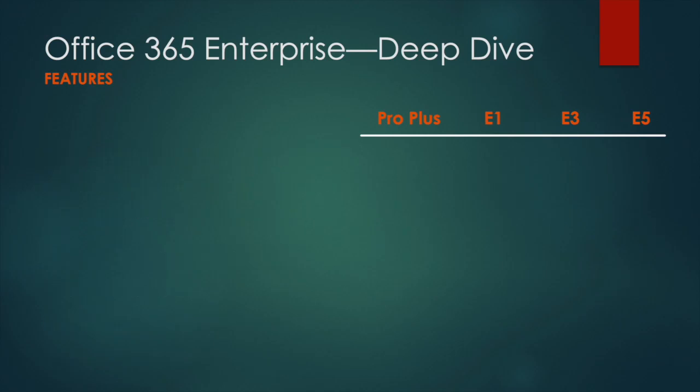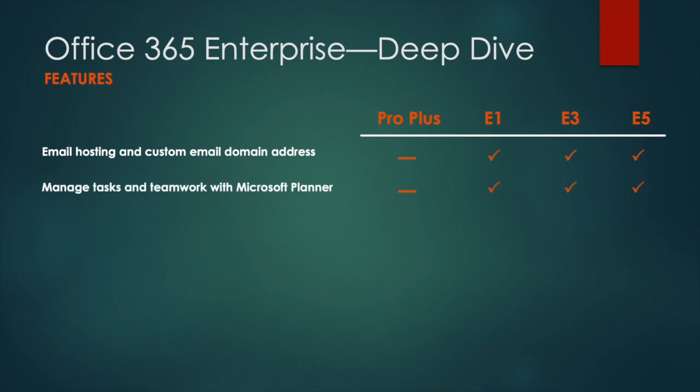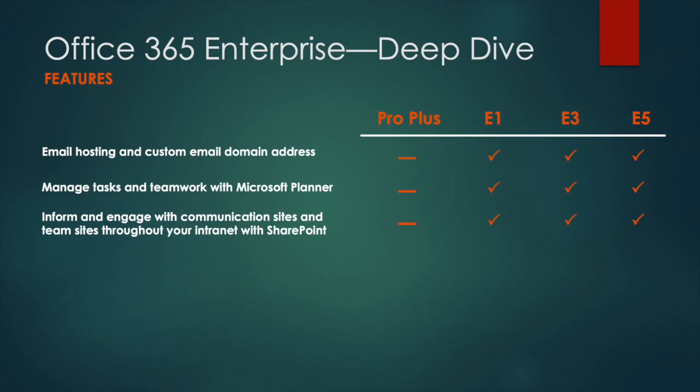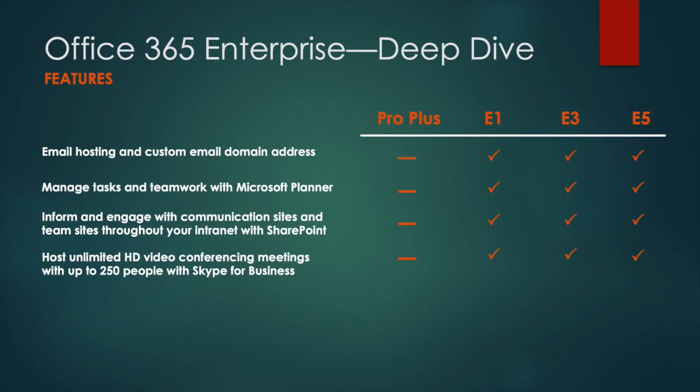Moving on, these next 7 features are all available on E1, E3, and E5, but not on Pro Plus, and they are email hosting and custom email domain addresses, manage tasks and teamwork with Microsoft Planner, inform and engage with communication sites and teams throughout your intranet with SharePoint, host unlimited HD video conferencing meetings with up to 250 people with Skype for Business.